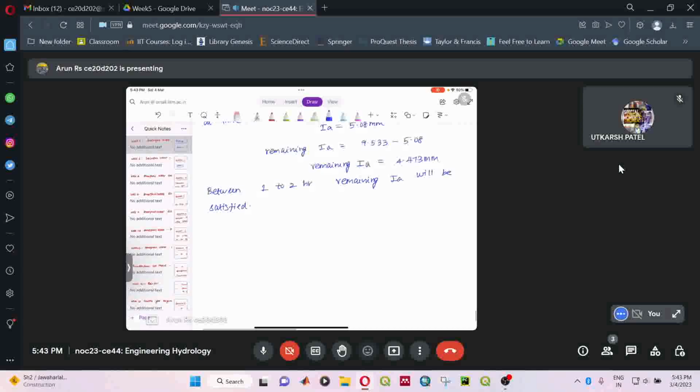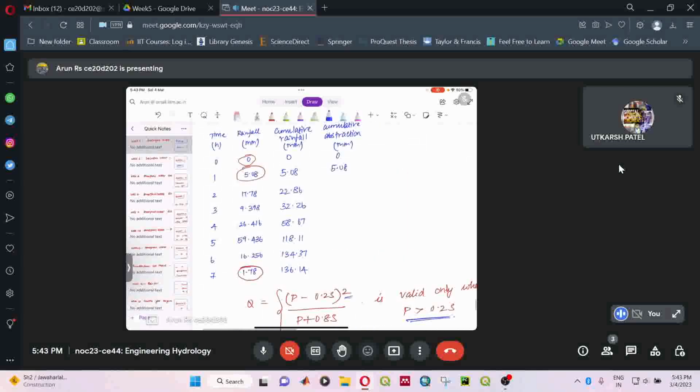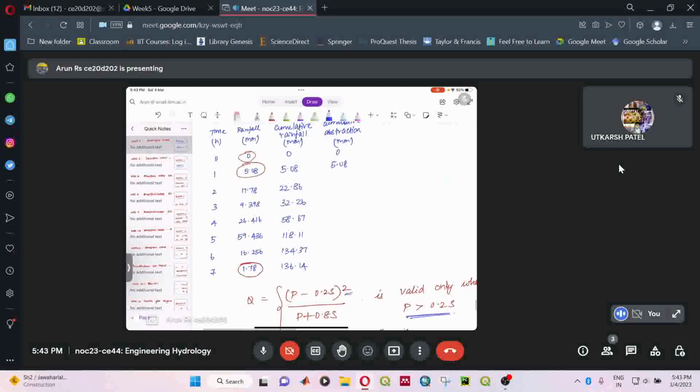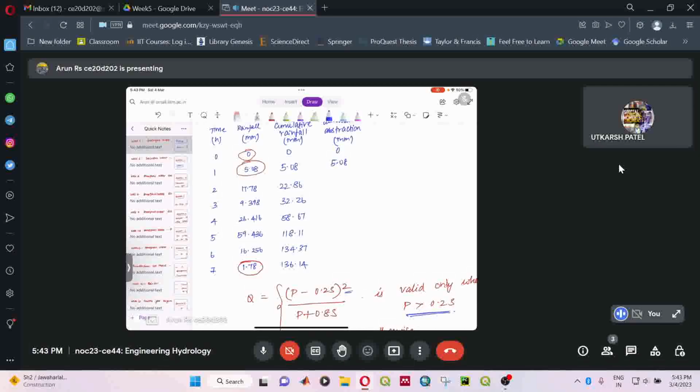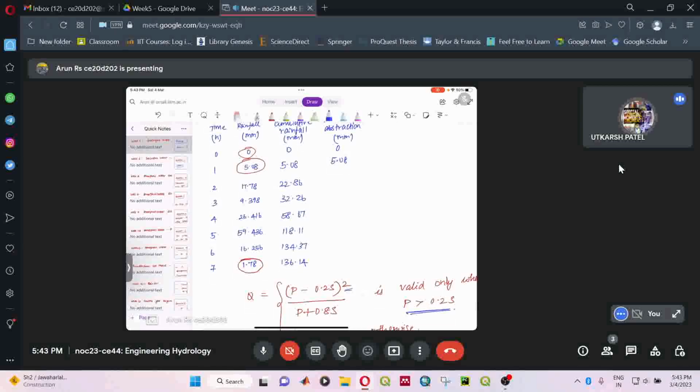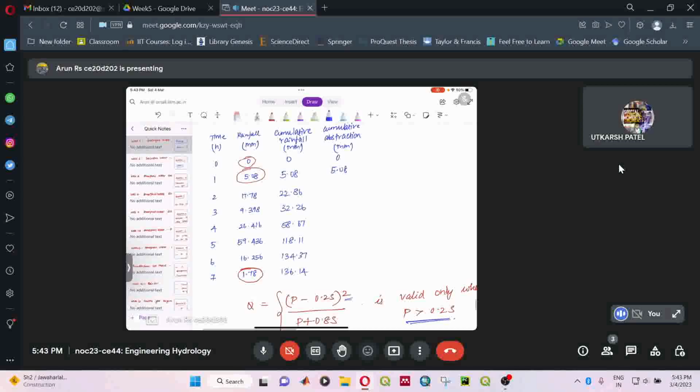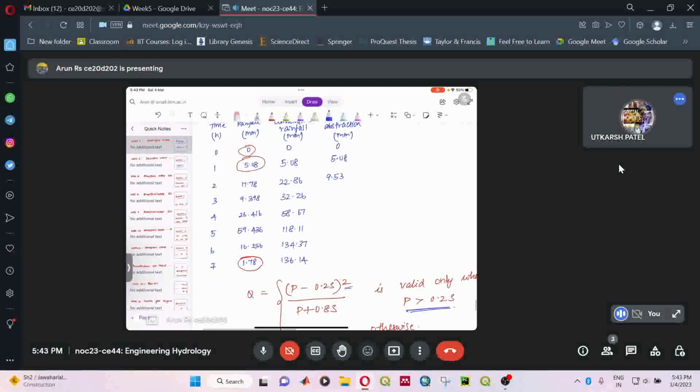In the second hour, everything will be satisfied because your rainfall is 17.78 mm. If you subtract 4 point something, about 13 mm of rainfall will remain. So in the second hour, all the cumulative abstraction will be satisfied. Once 9 mm is satisfied, for the rest of the hours there will not be any initial abstraction. Since it is cumulative, all will be satisfied. We can just write 9.533 everywhere.